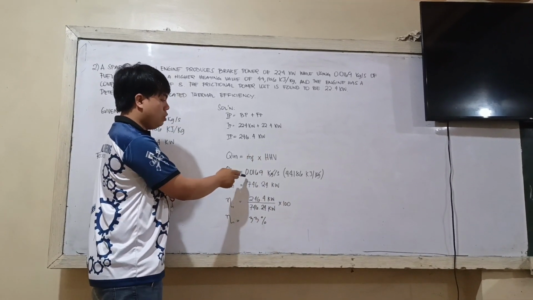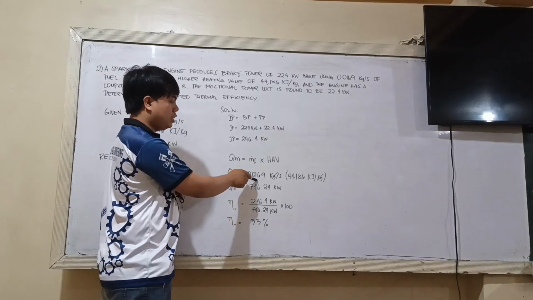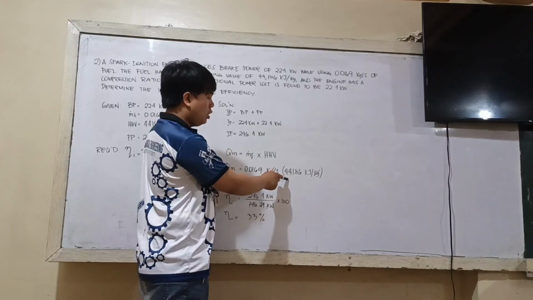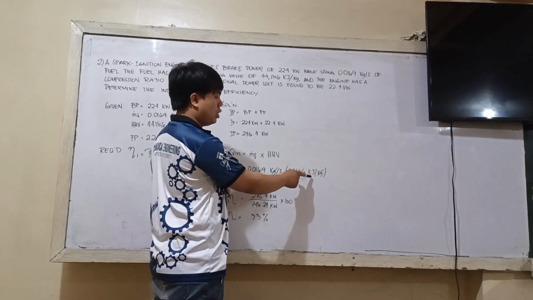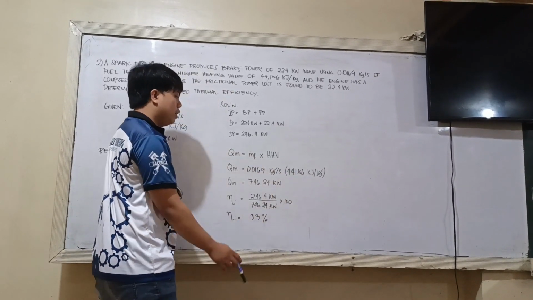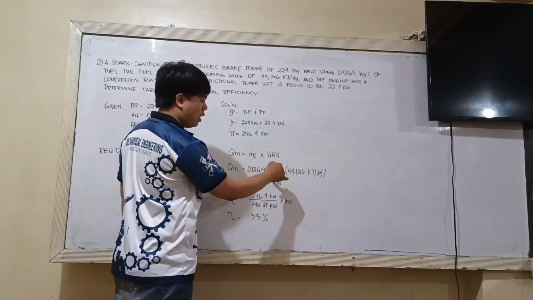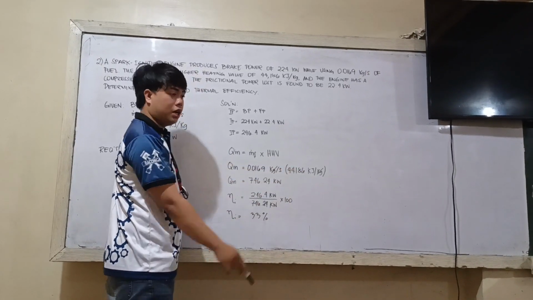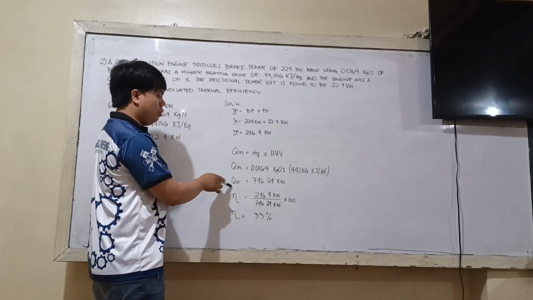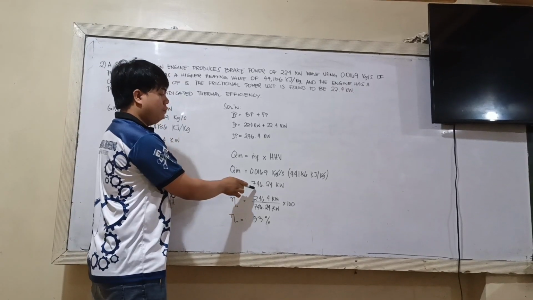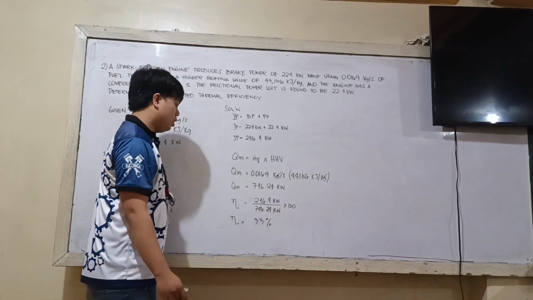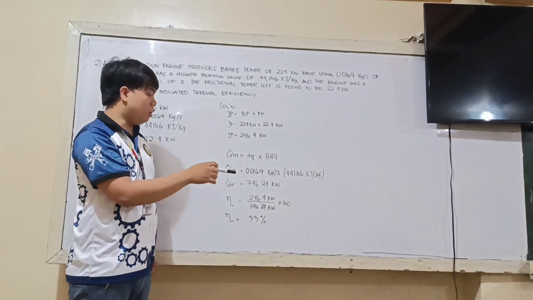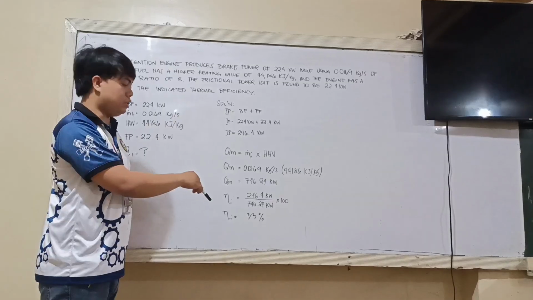So QA is equal to 0.0169 kilogram per second times 44,186 kilojoules per kilogram. So simply cancel out the kilogram, we have left kilojoules per second, which is the kilowatt. So our QA is 746.24 kilowatt.